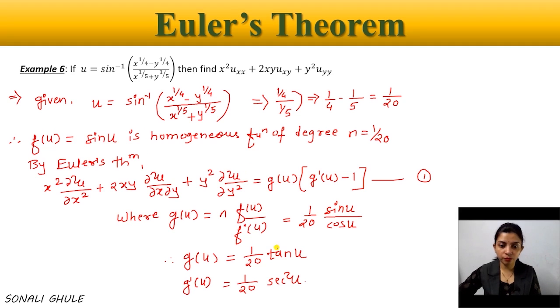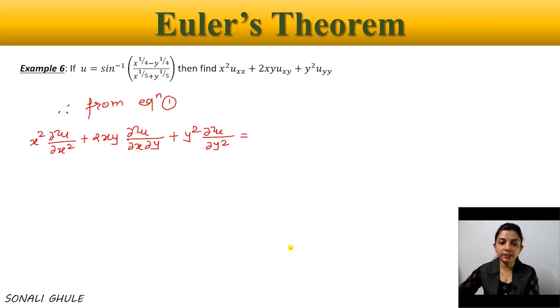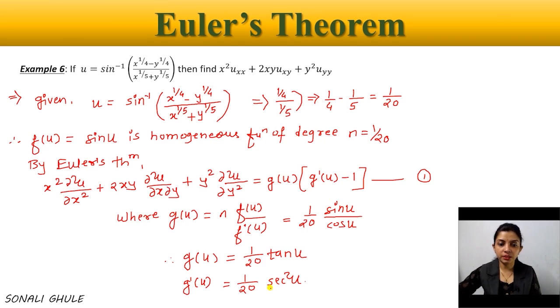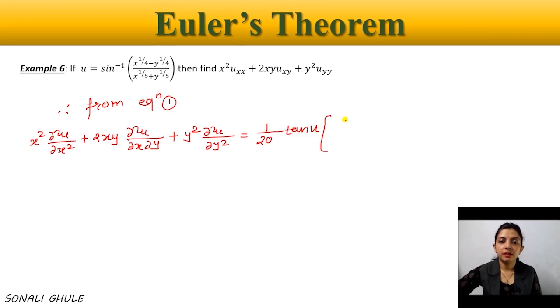What is the value for g of u? We found 1 by 20 tan u. So I can write here 1 upon 20 tan u in bracket. What is the value for g dash of u? Yes, it is 1 upon 20 sec square u minus 1. Okay.